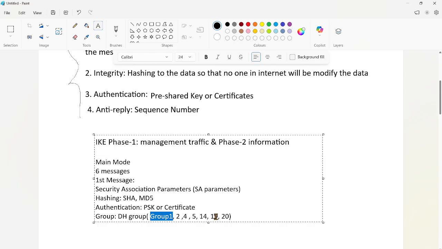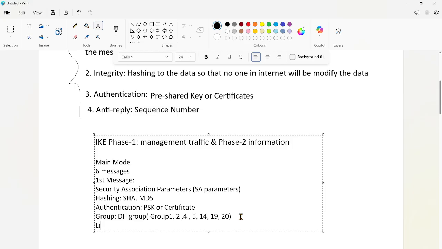But when you use group 19 or group 20, the key length will be very big, and that will be difficult for them to crack your information. So the Diffie-Hellman group is used along with the hashing to calculate a higher key value, making it difficult for hackers to crack your information.